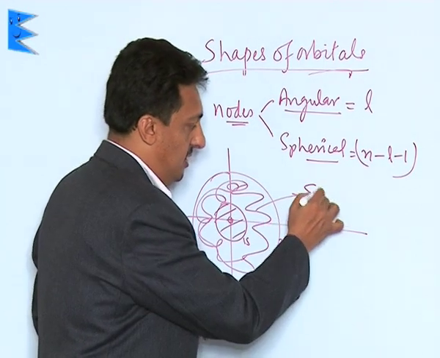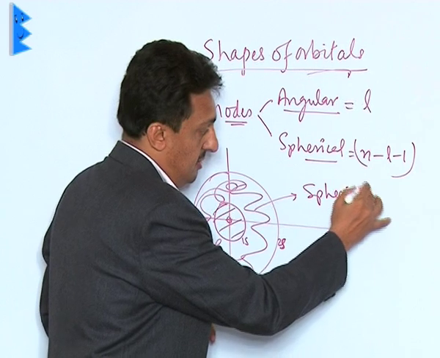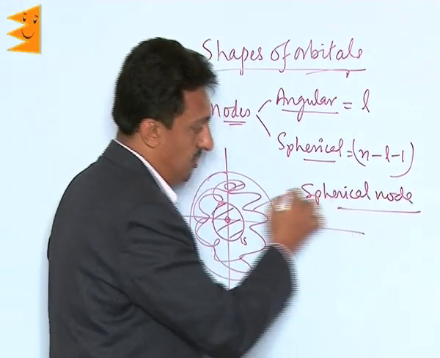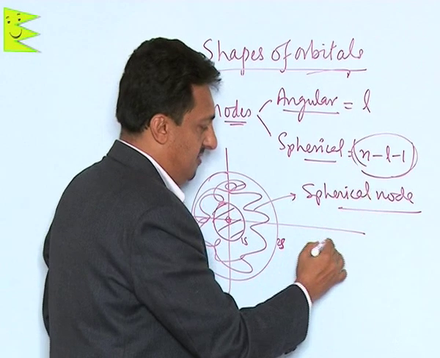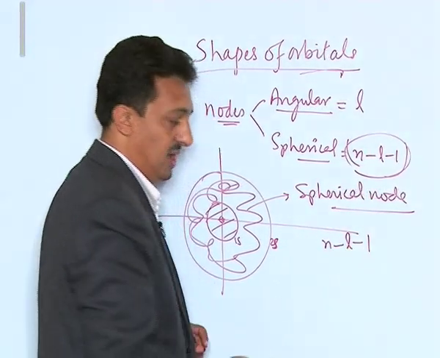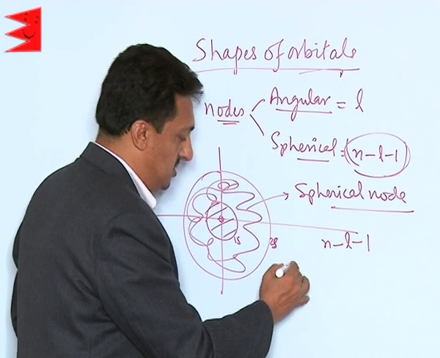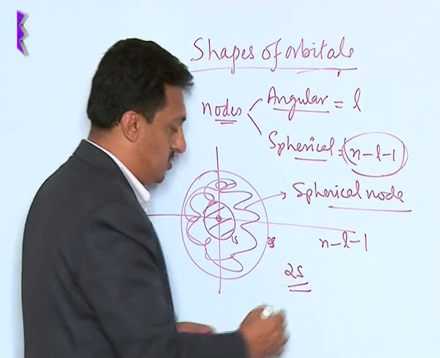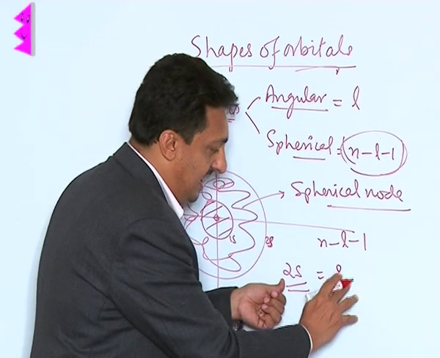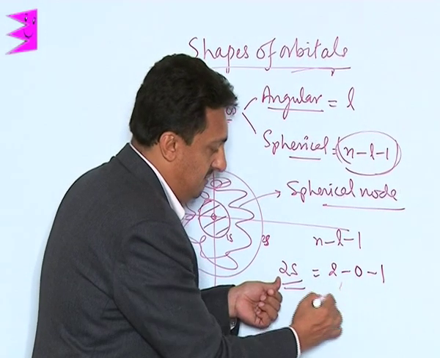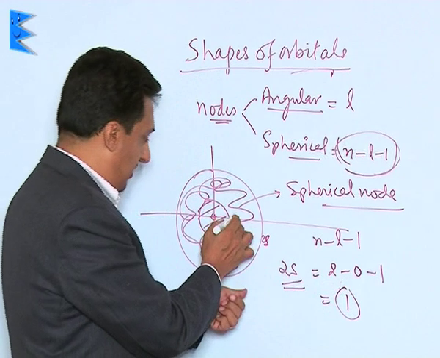So this is called your spherical node. The spherical node, as given by the formula, is always n minus L minus 1. So if anybody asks you how many spherical nodes 2s has, n in this case is 2, L is 0, 1 minus 1. So how many spherical nodes? This one.